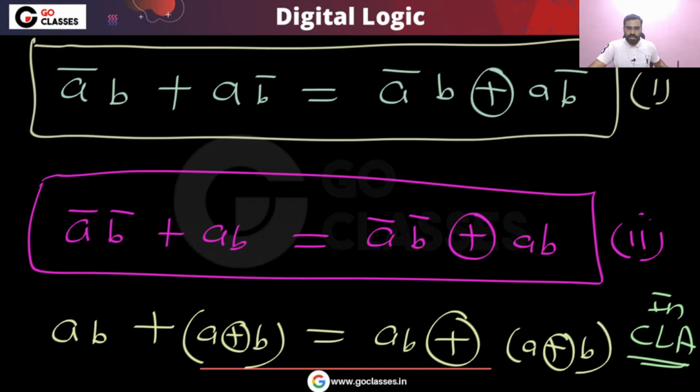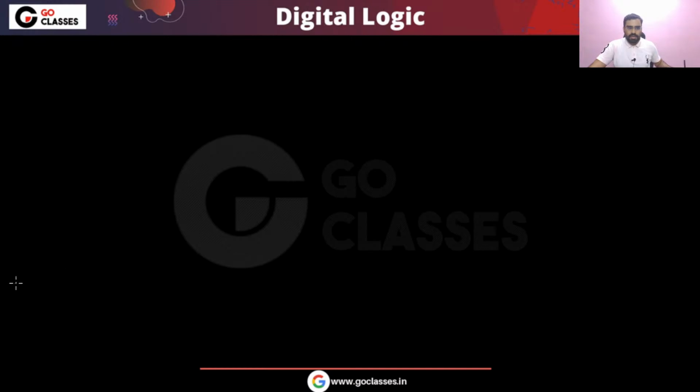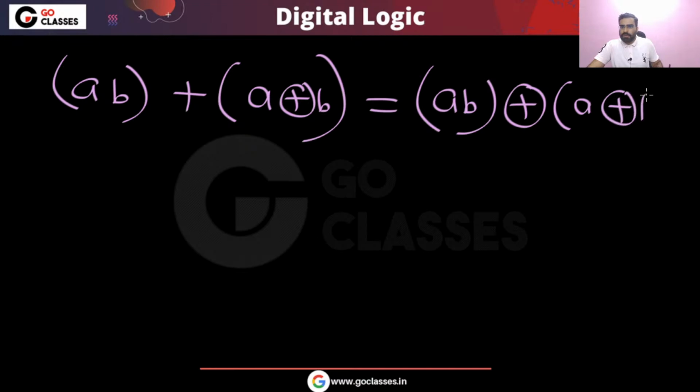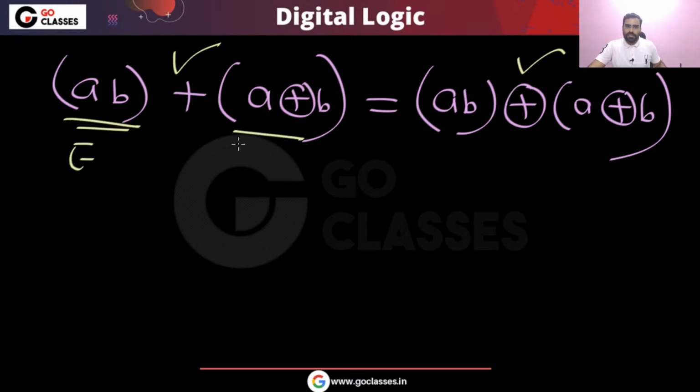If I give you this fact in the exam, that AB or A XOR B is equal to AB XOR A XOR B, then you can easily see that this and this are the same. This is your E, this is your G, this is your E, this is your G.